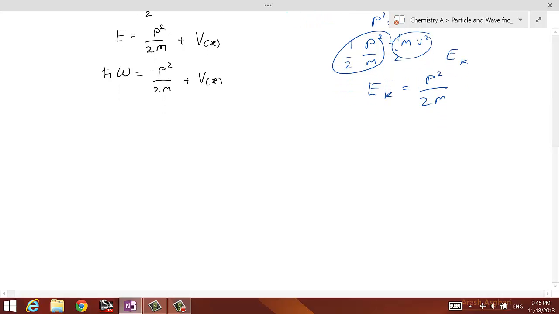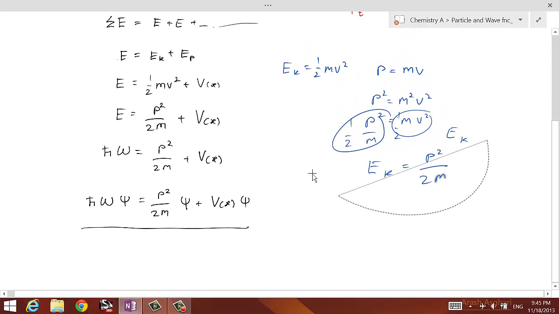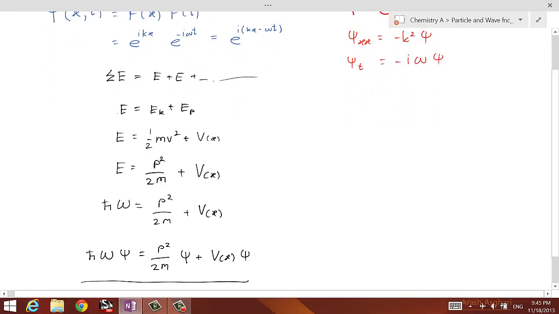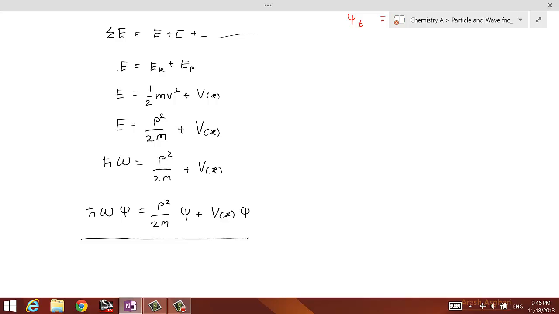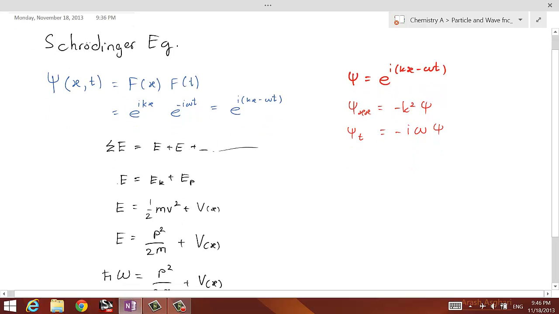I multiply both sides by my wave function: E psi equals p squared over 2m times psi plus V(x) times psi. Now we got this. I'll remove this thing, and now let's see from here. To make it easier, I just copy this to here.